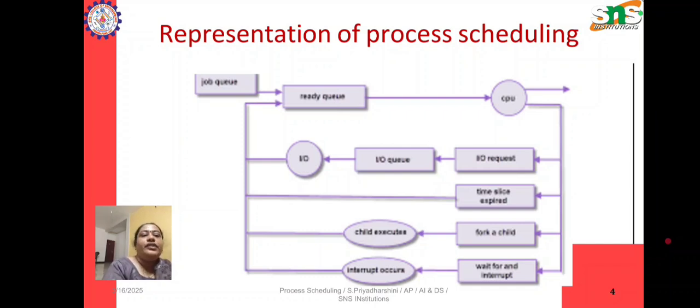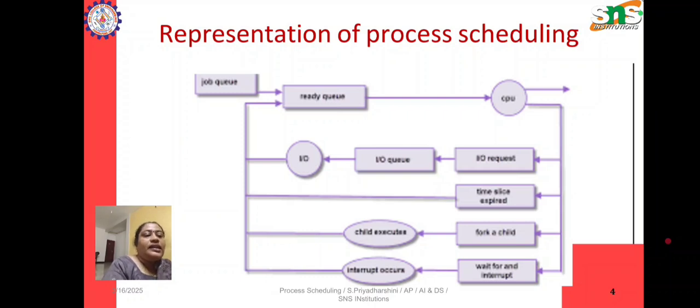Otherwise, if the process is executing and its time slice expires, then again it will be put back into the ready queue. Or in another case, if it forks a child, if it wants to create a child, then the process will wait until the child executes, and then it will be put back into the ready queue.